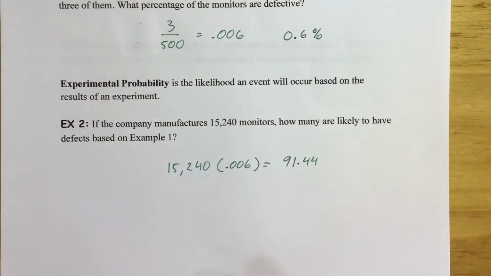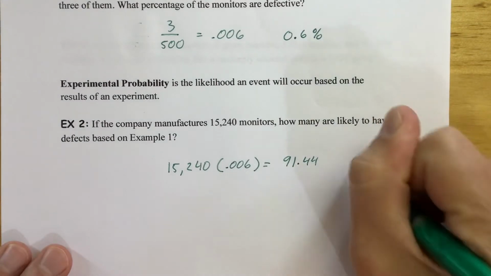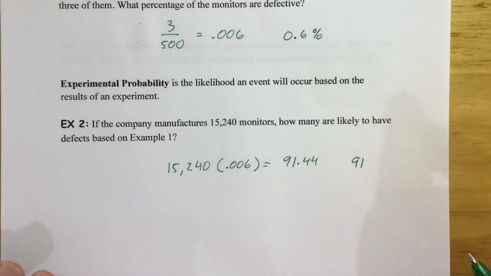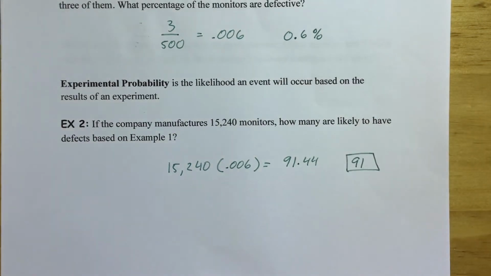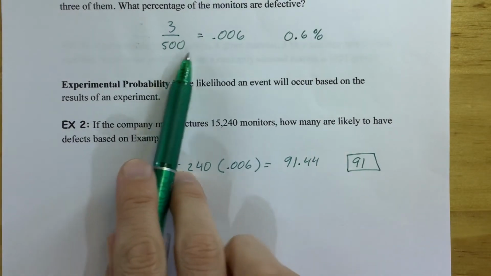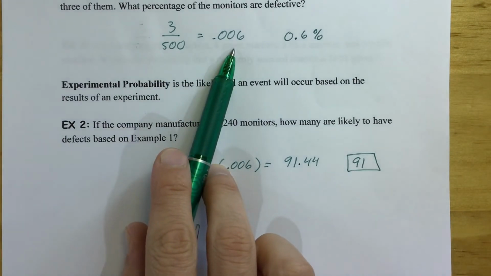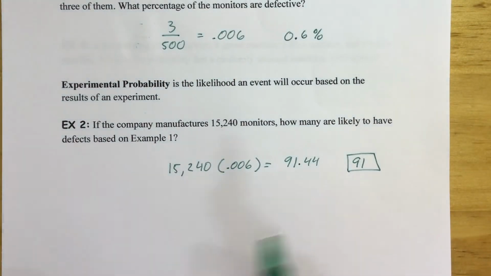Which, of course, you should probably just round that off, so we'll call it 91. As far as a company, you could be safe and maybe round upwards, but technically it does round down to 91. All right, so this is experimental probability. Something has already happened that gives us a value to work with, and then we can use that value to answer other problems on it.